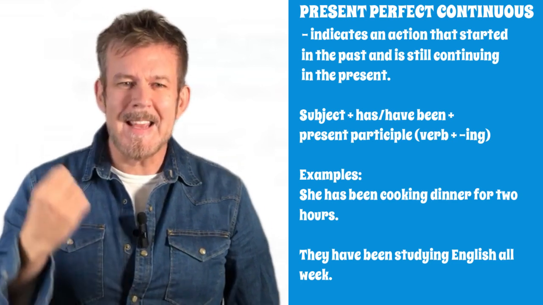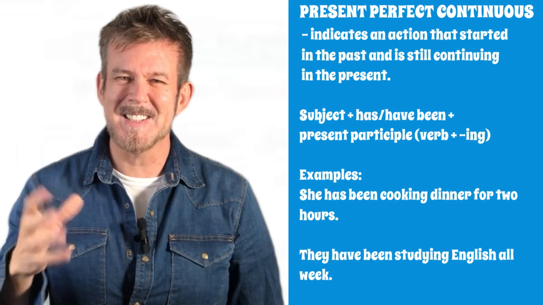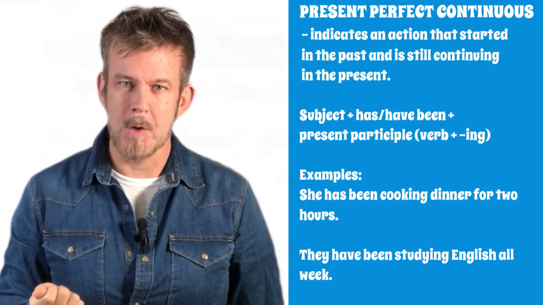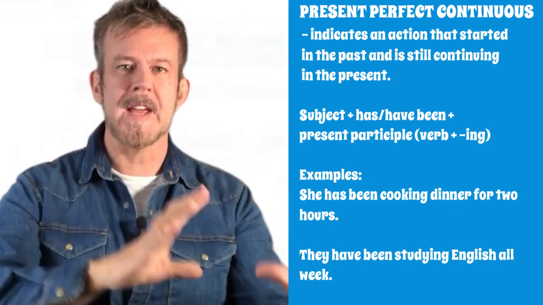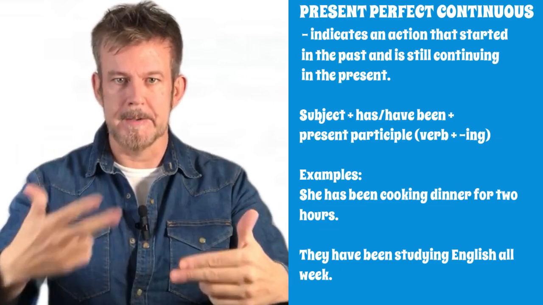Or he has been working in the garden since this morning. So he started working in the garden and he's still working in the garden. So in short, the present perfect continuous simply describes an action that began in the past and is still continuing in the present.